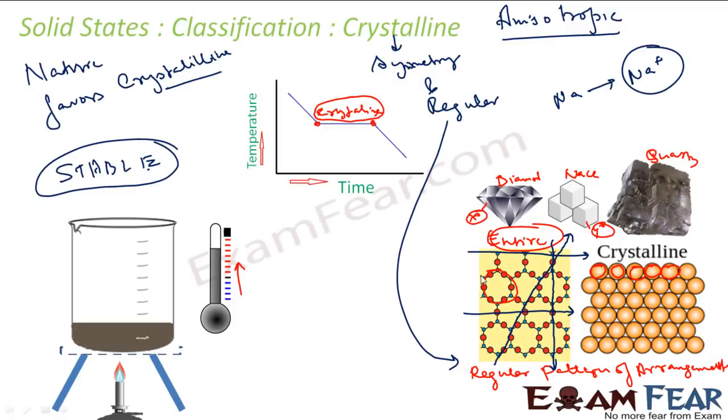And if it is regularly arranged, things are arranged properly, then the total energy of the ordered arrangement is lower than that of irregular arrangement. Correct? And that's why nature favors crystallinity. Hope you understand. The total energy is less. It is more stable.